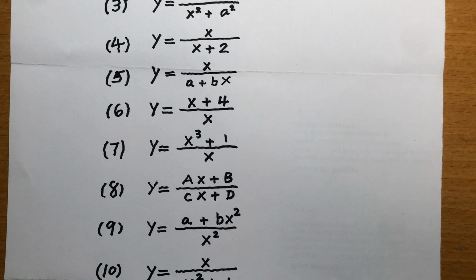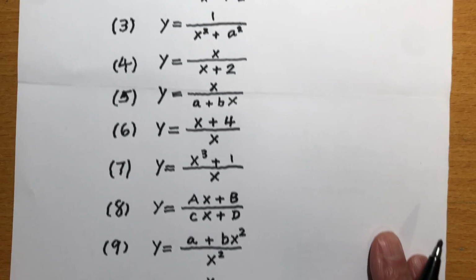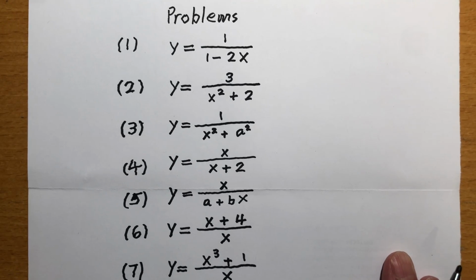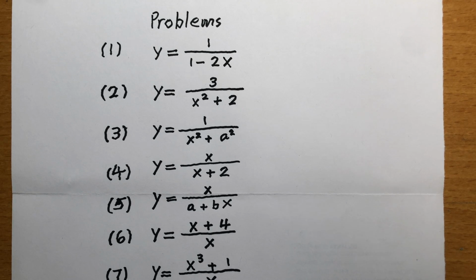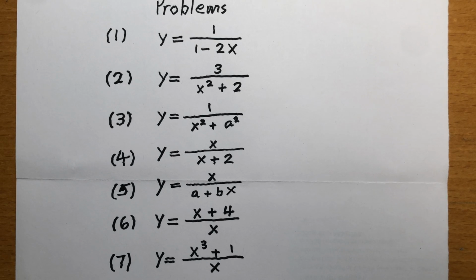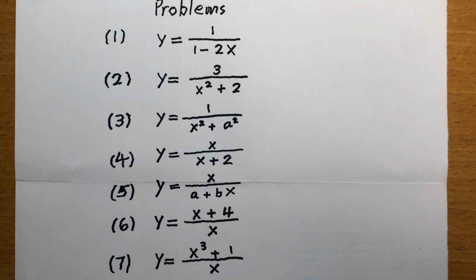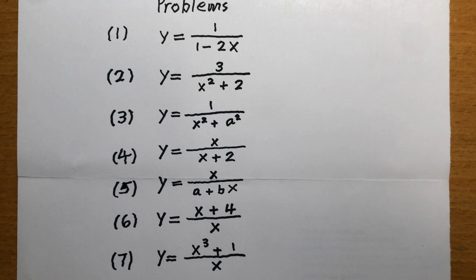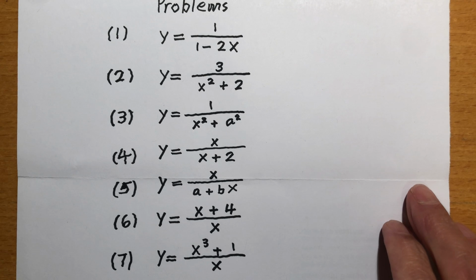Let's see now. This is only from problem 1 to problem 7, and I have altogether 11 problems. Maybe I can do this. You can copy this down. Let me do that.